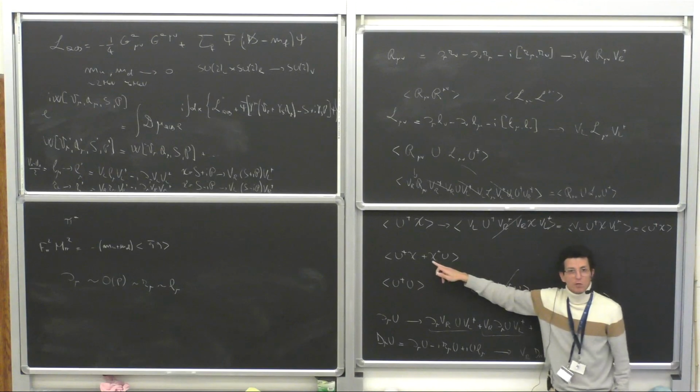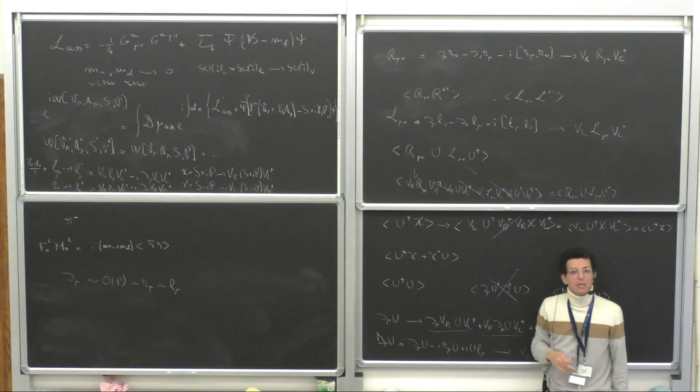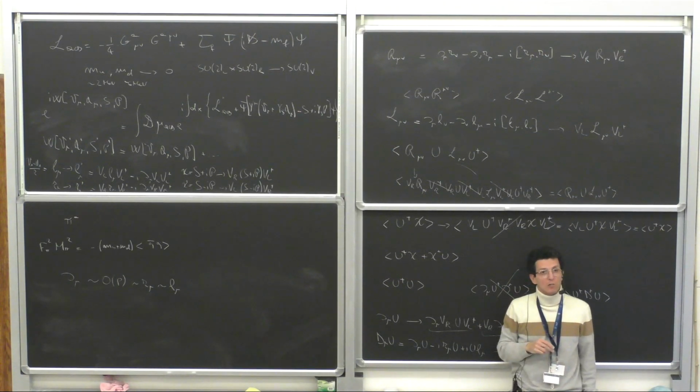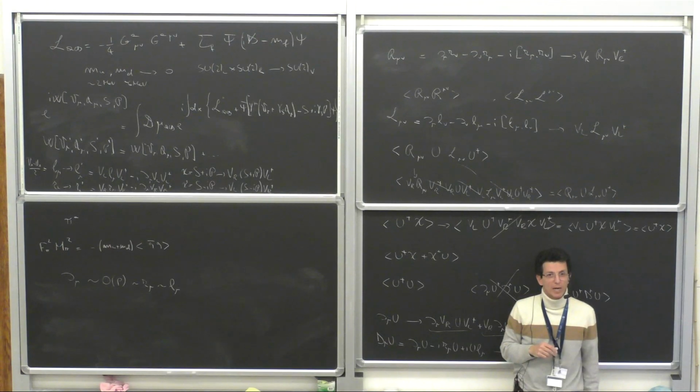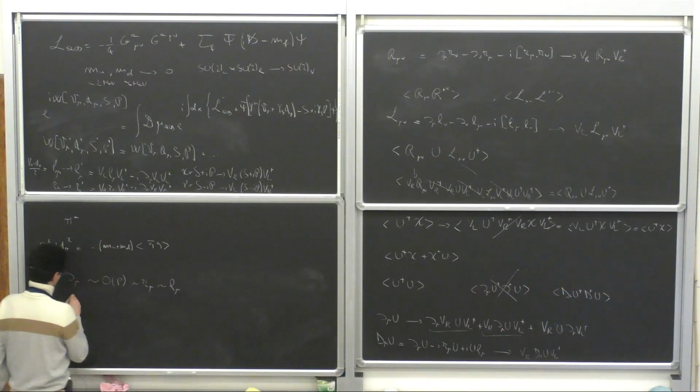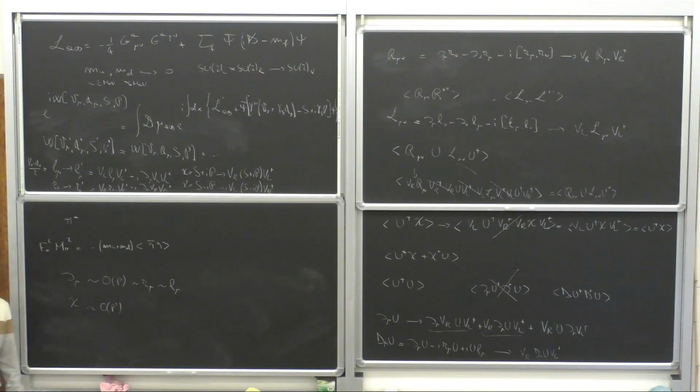What about this term? It contains no derivatives. There is the external source chi. Now for chi there is also a rule. This is to be counted as order P square. And why is it so?